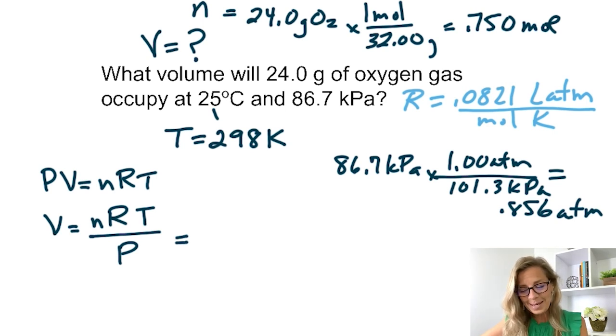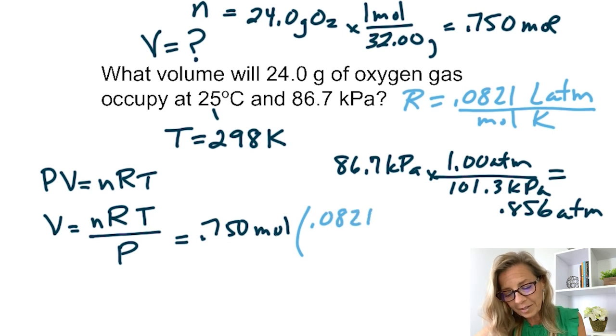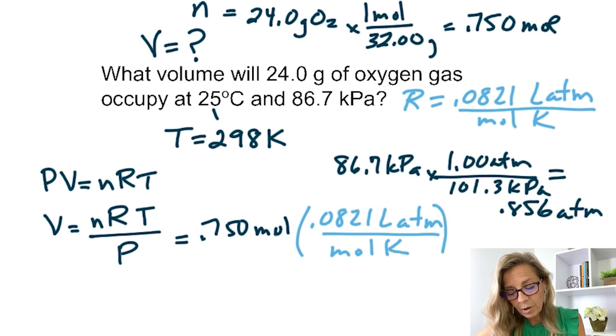Okay, I think I'm ready. I'm going to plug everything in. So here we go. Number of moles, 0.750 moles. And then R, it's a number and a bunch of units. So here comes my R. I'm going to write it in blue so you can see it. 0.0821 liters atmospheres per mole Kelvin.